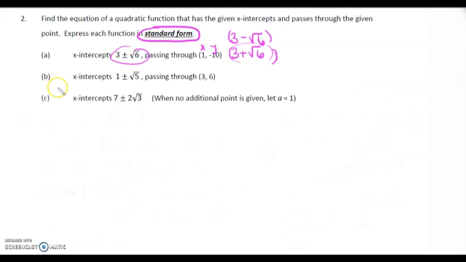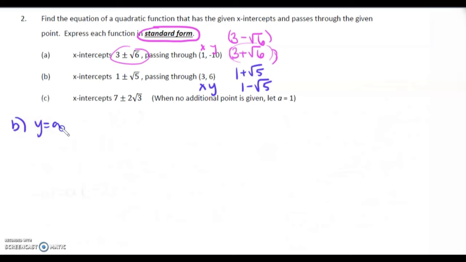Okay, 2b. So now we have the x-intercepts 1 plus root 5 and 1 minus root 5, and passing through the point 3, 6.